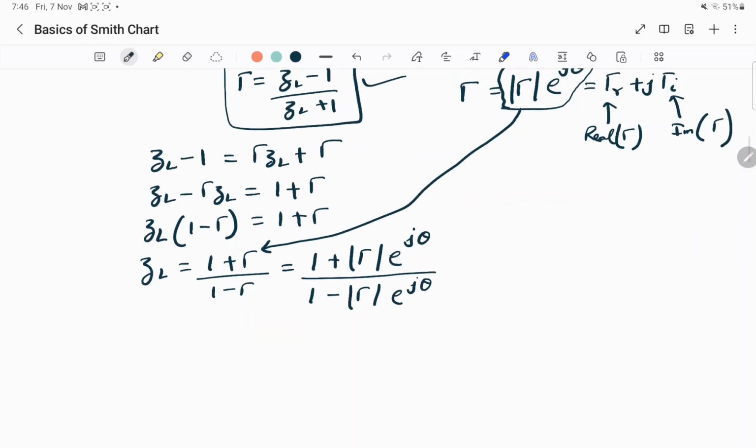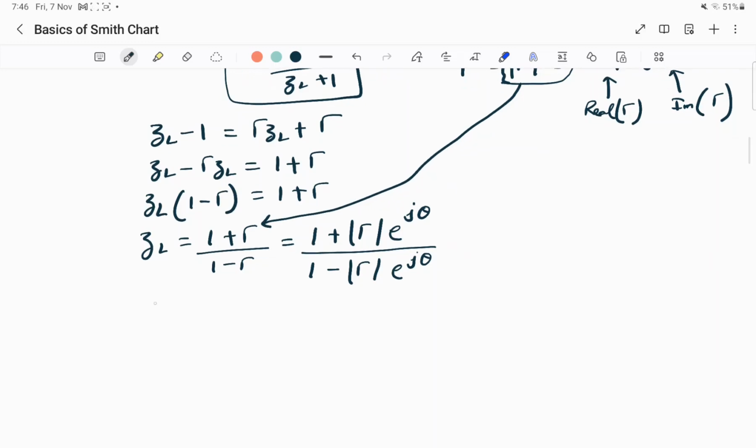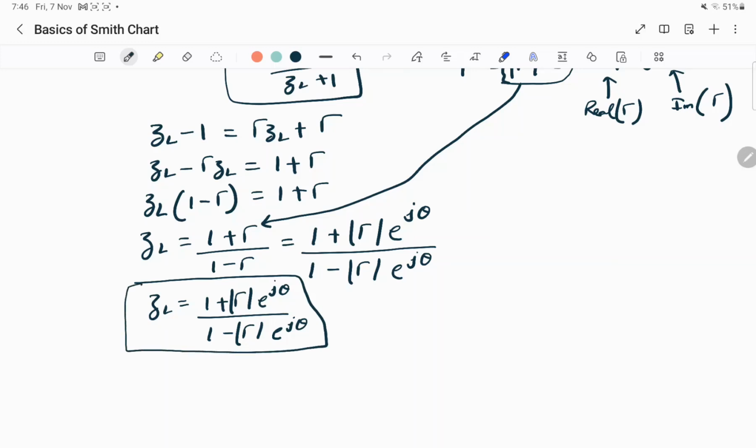Okay, now this is an important relation, so I am going to box this. We are going to use this relation later on when we compare this with the formula of the input impedance Zin. Okay, alright.